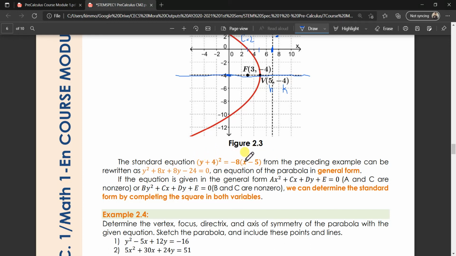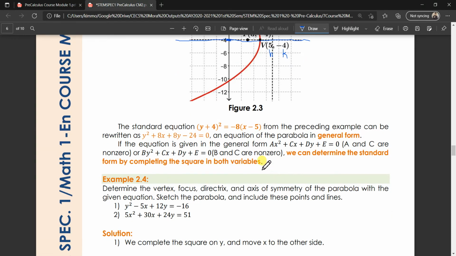Okay? So, if the equation is given in the general form, which is a times x squared plus cx plus dy plus e equals 0, where a and c are non-zero, b, d and e can be 0, but a and c should not be equal to 0.